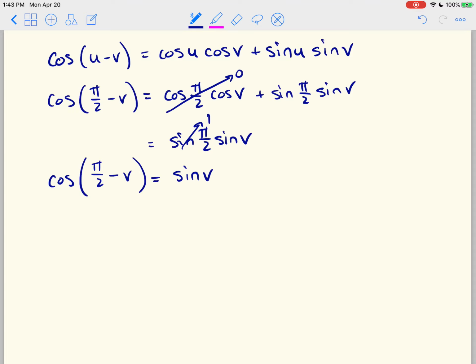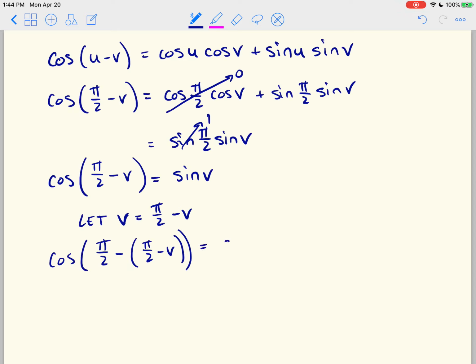The other one comes from keeping this formula right here, and I'm going to substitute pi over 2 minus v in for v, which sounds kind of strange. If we let v equal pi over 2 minus v in this formula, we get cosine of pi over 2 minus (pi over 2 minus v), and that's going to equal sine of v, which is now pi over 2 minus v.